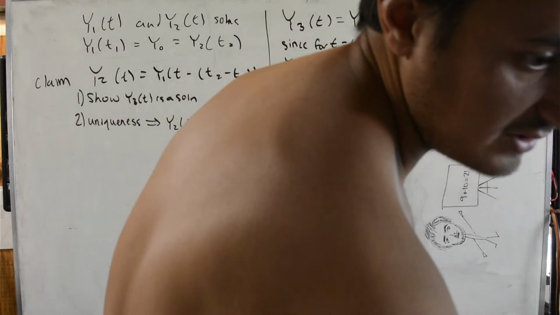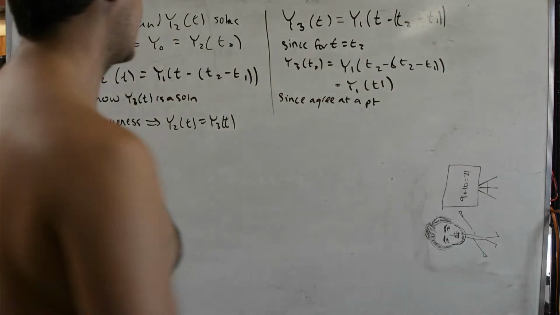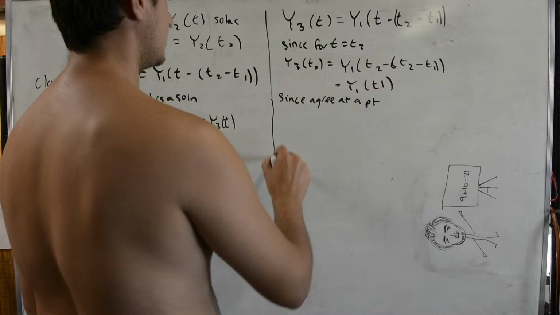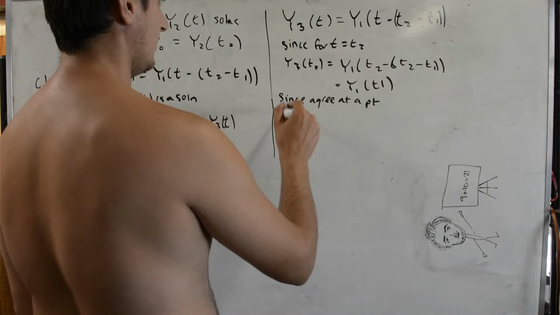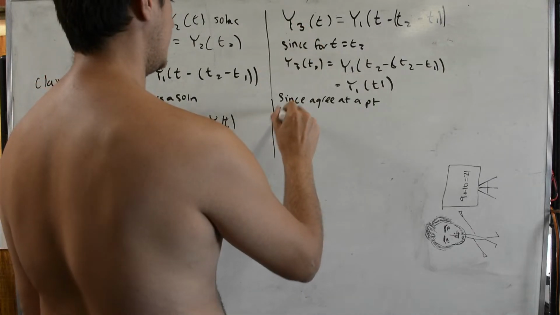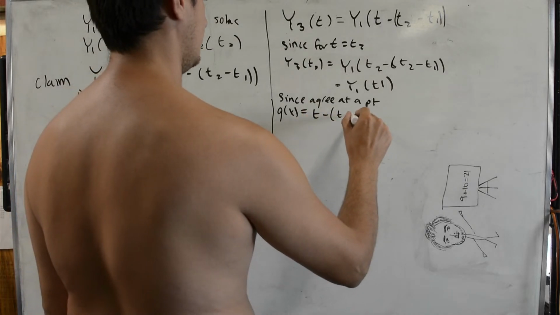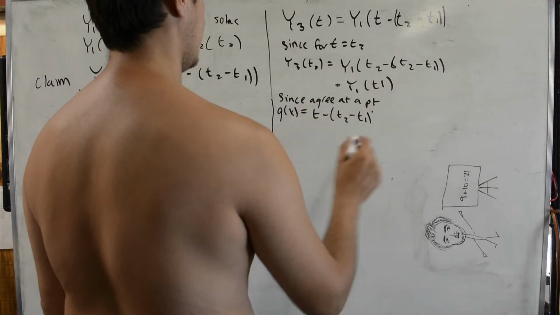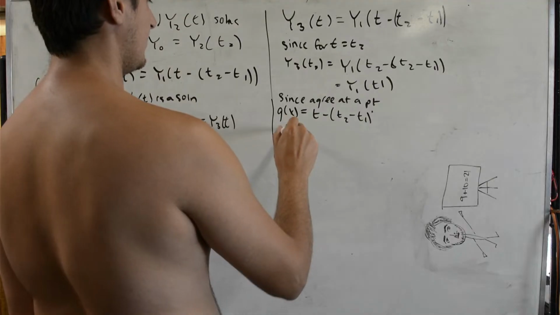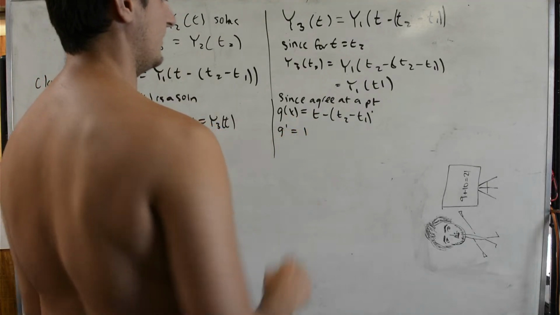Okay, so the first part of this proof: to show that y3 is a solution, let g of t equal t minus (t2 minus t1). But notice that g prime is just equal to 1.